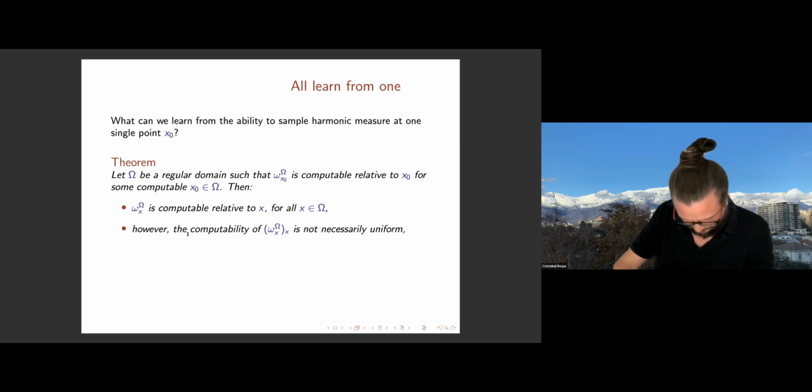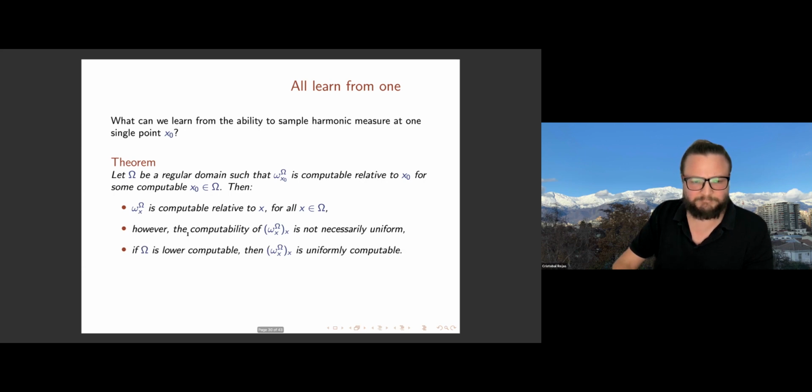So we will see an example that requires different algorithms. However, if we assume, moreover, that the set itself is lower computable, then this phenomenon cannot happen, and harmonic measure must be uniformly computable. So a single algorithm.